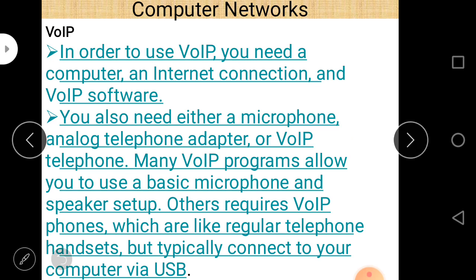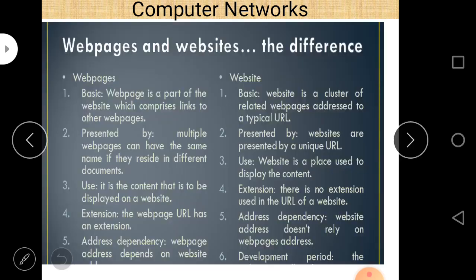Next is web page and website. All of you are very aware of these terms. So let us take the difference between web page and website. A web page is a part of the website which comprises links to other web pages.